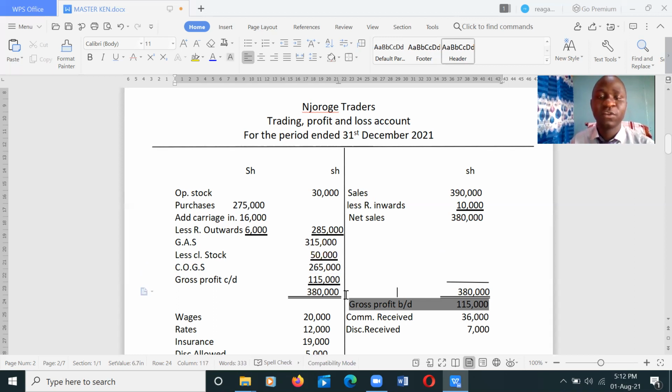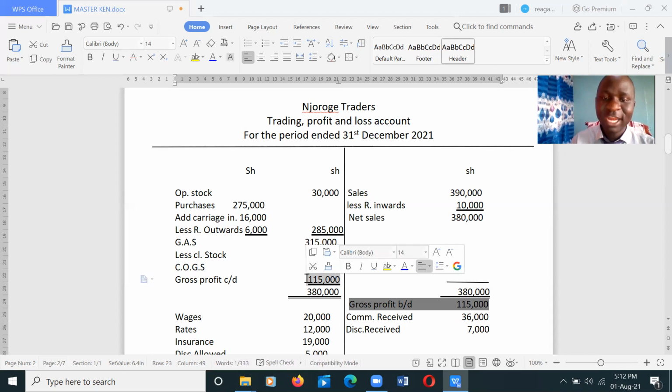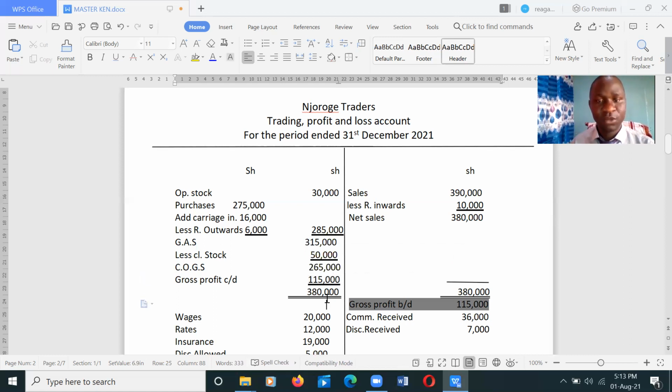We have not gone to the profit and loss account. So in trading, to ensure that 380 balances with 380 on the other side, we have to add 115, which was our difference, to 265, and then we get 380. So therefore, 380 ensures that it balances. So it means that this business made a profit.